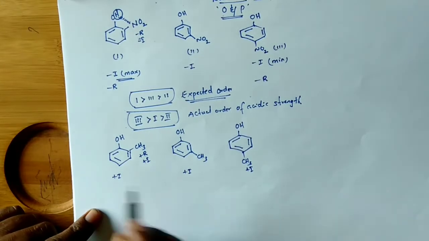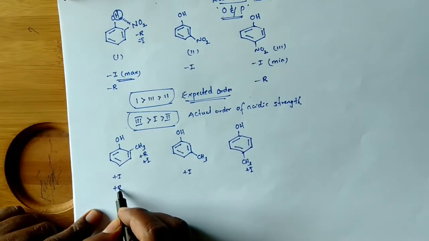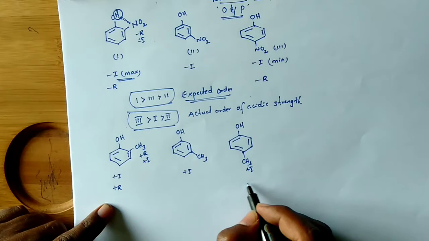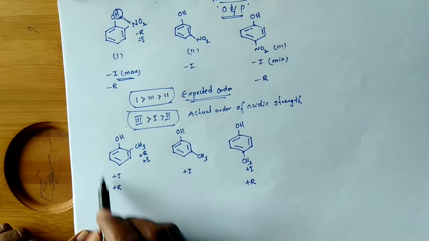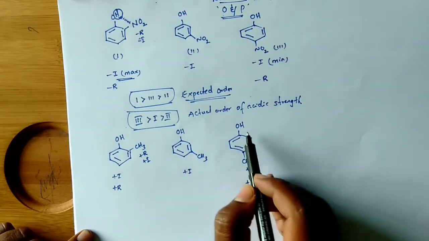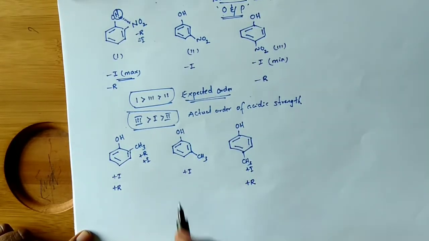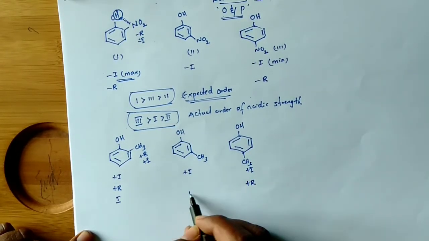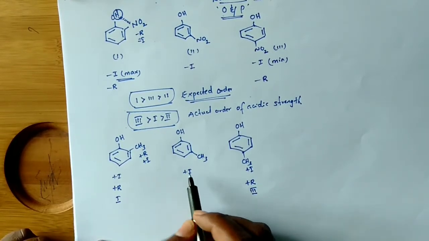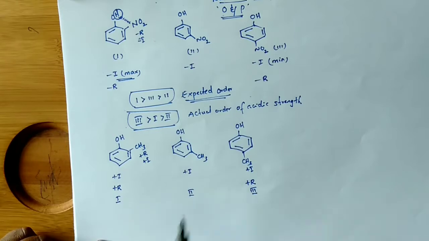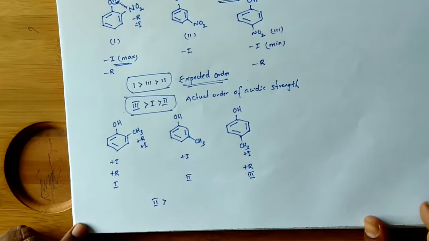Plus I effect is common, plus resonance effect at ortho position and para position only. So here two effects are destabilizing, here two effects are destabilizing, here only one effect destabilizing. Assume this is species 1, this is species 2, and this is species 3. Here only one effect destabilizing, so this is more acidic in nature. The second species is more acidic in nature.